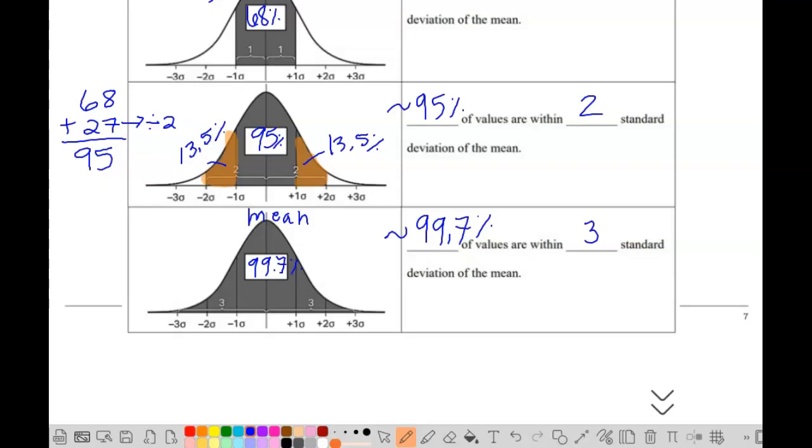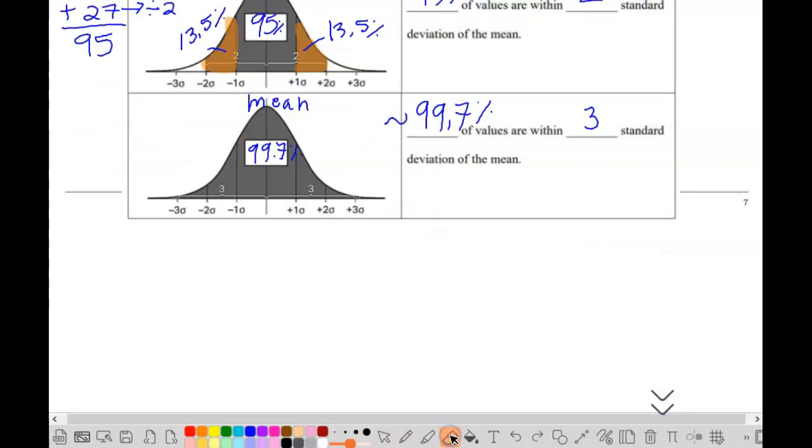So with your highlighter, that's going to be a very small portion. Since I went ahead and highlighted everything past the second deviation, what is 100 minus 95? 5.